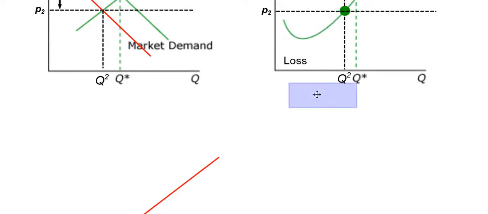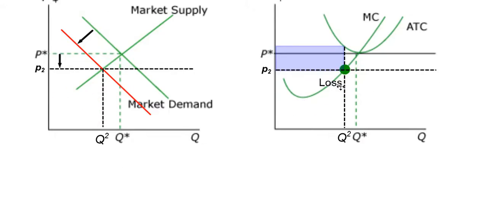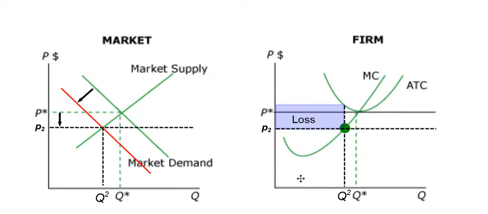So we want to show that like this, so that this area right here is going to be the firm's loss. So they move from this point right here, on the higher price when they were in long run equilibrium, to this point right here. And they're going to operate at a loss.